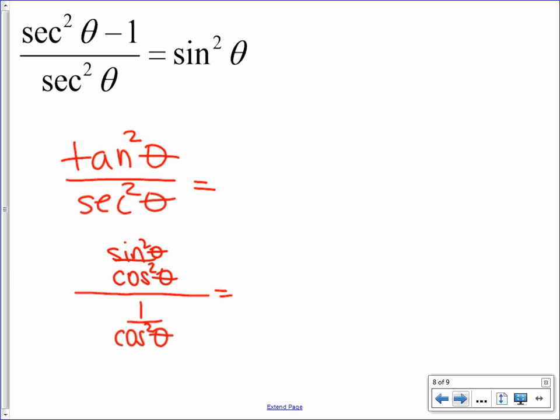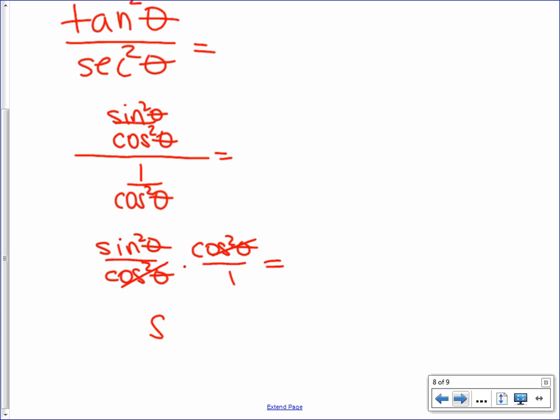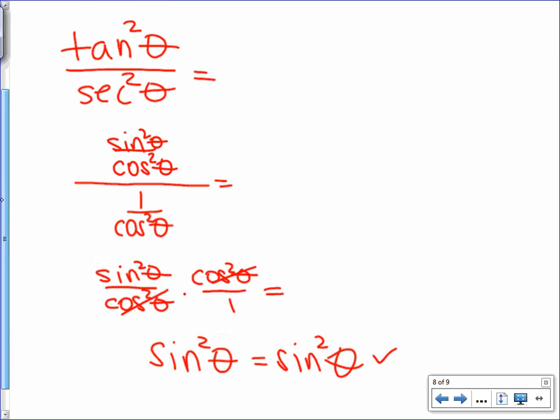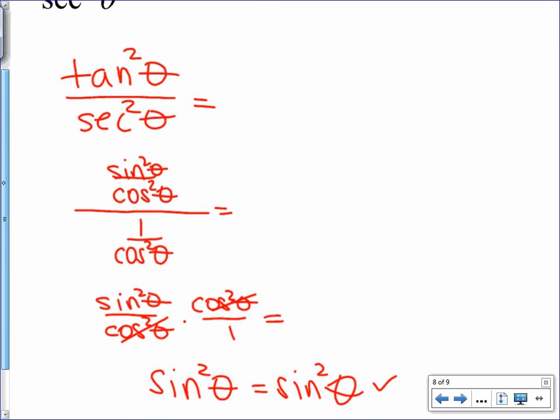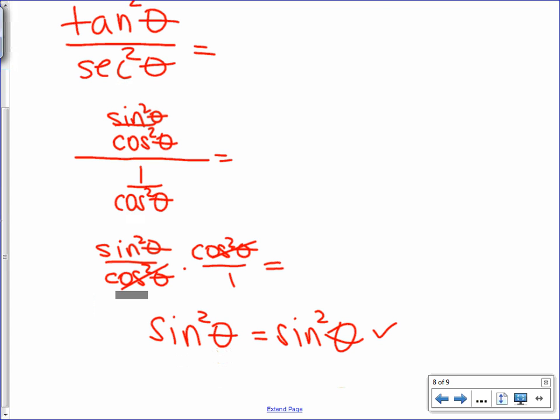Multiply by the reciprocal on the bottom. So when we actually perform the division, the sine squared cancels. Here's an example: once we got to tangent squared over secant squared, changing everything to sines and cosines was really helpful, right? We got some things to cancel.